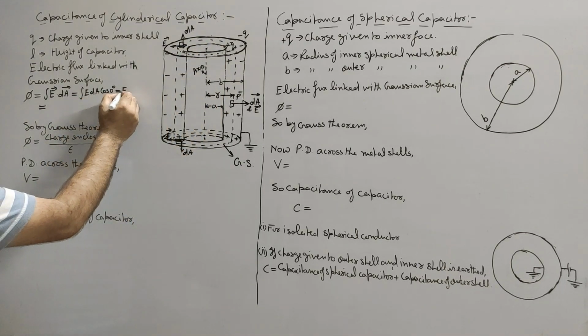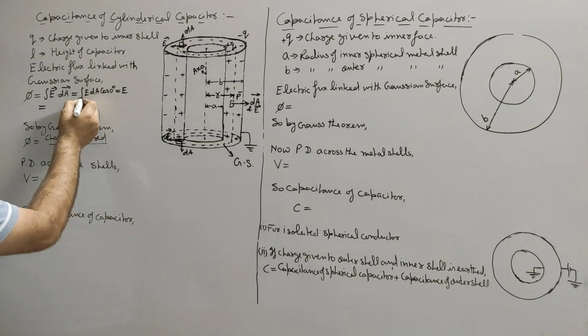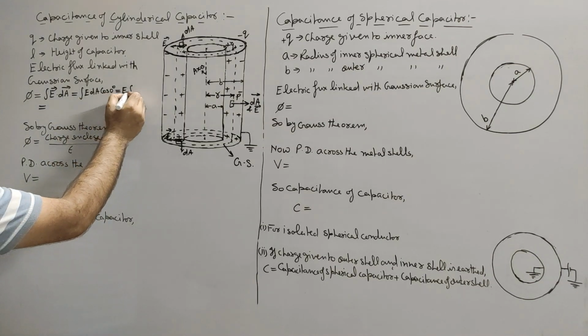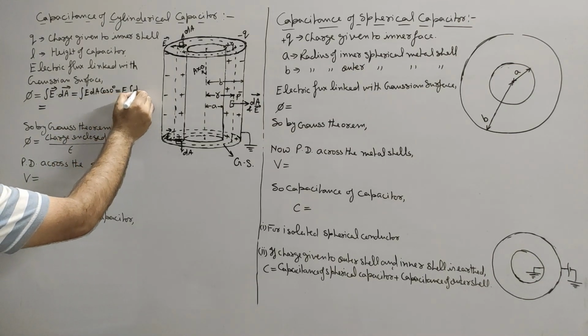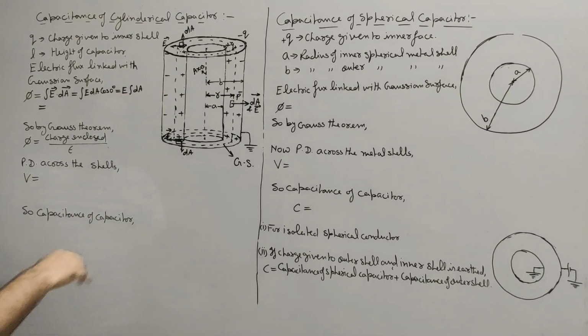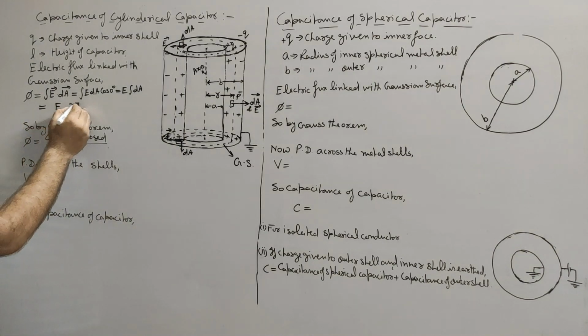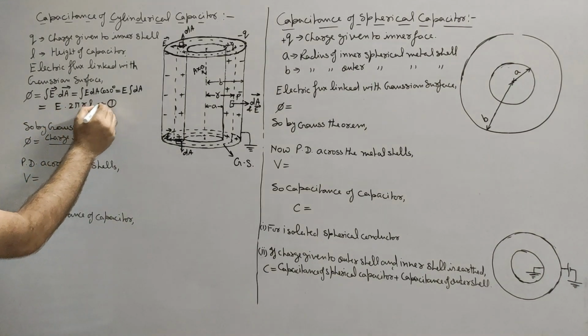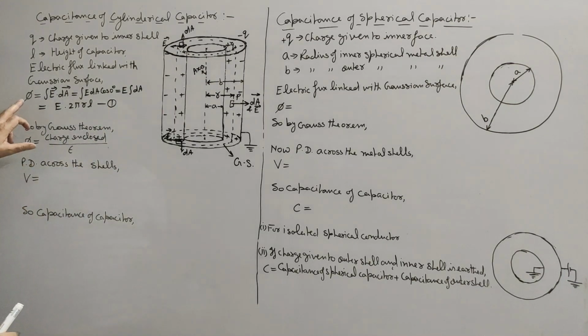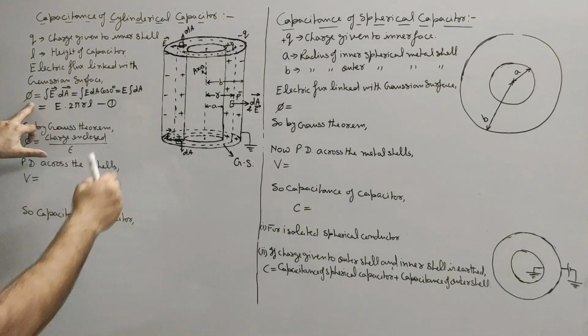So E being same will be taken outside the integration, and we will be left with integral dA only. Integral dA means total curved surface area of the Gaussian surface, and that will be 2 pi RL. So E into 2 pi RL will give the total electric flux linked with Gaussian surface.